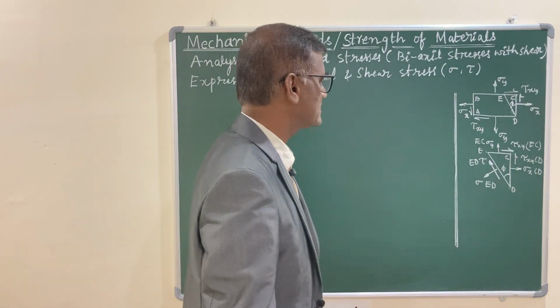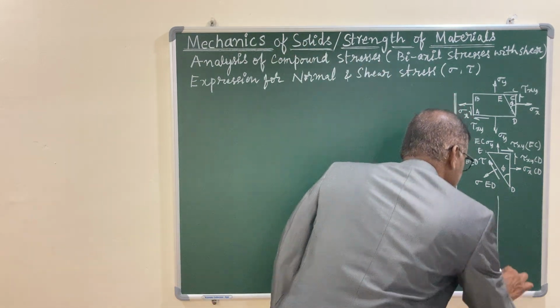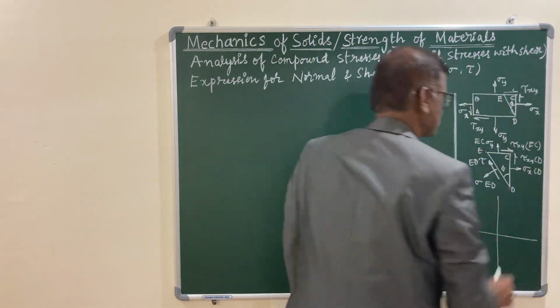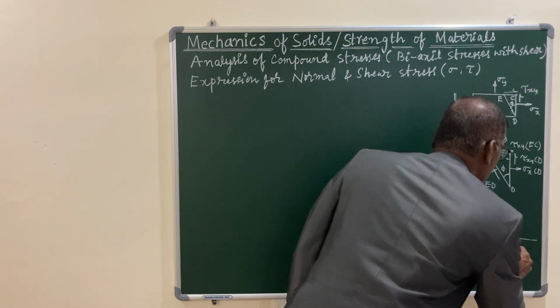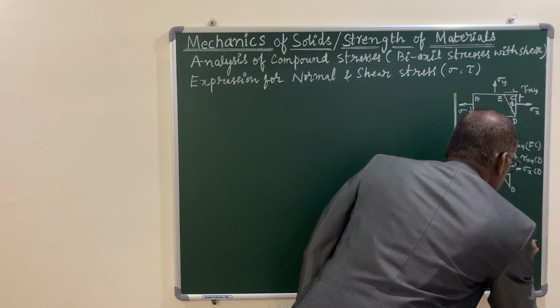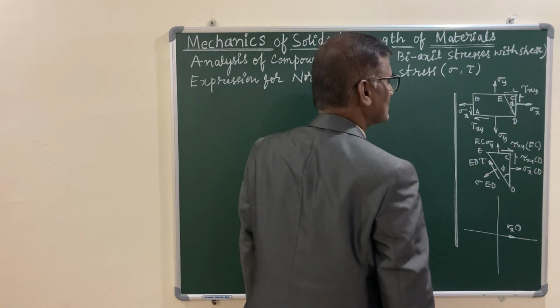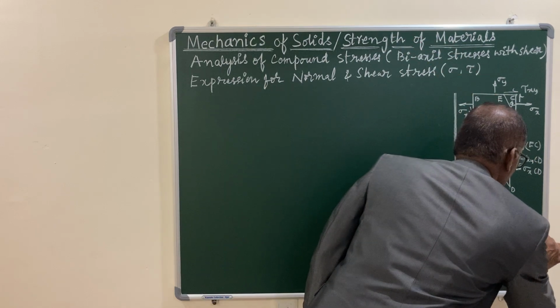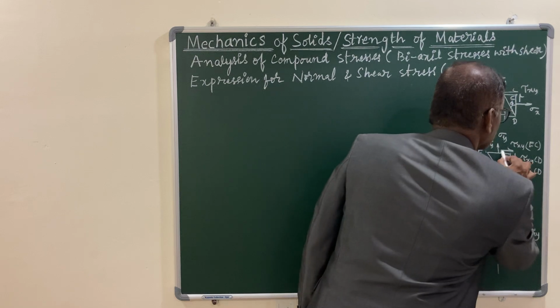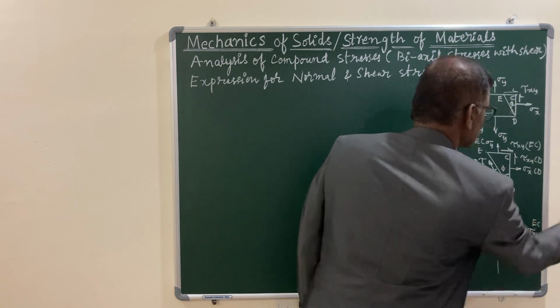Now, my interest is to represent all these forces on a coordinate axis. Observe carefully, along the horizontal axis you have sigma x multiplied with CD. This is one force, and the other force is tau xy multiplied with EC. These are the two forces acting to the right.